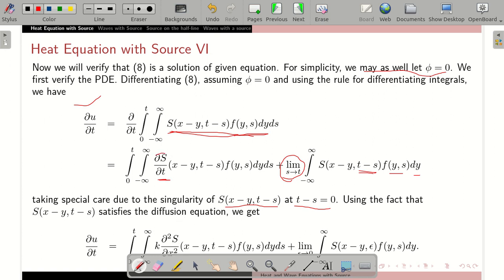So in first expression I replace curly s by curly t with k times curly 2s by curly x square with same arguments, and second time I write I'm fitting small quantity epsilon for difference t minus s, and then you take limit epsilon goes to 0. And this expression sx minus y epsilon, after integrating this will become 1.